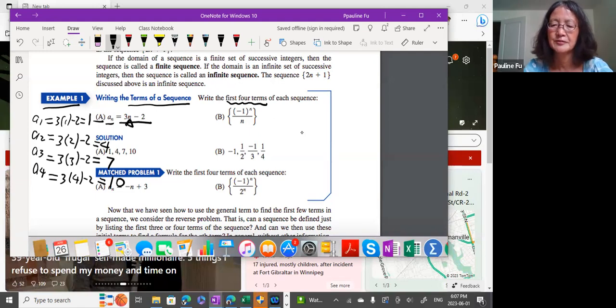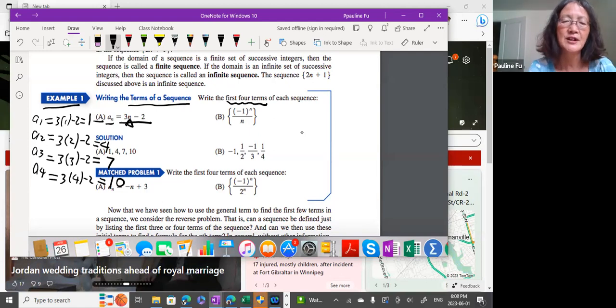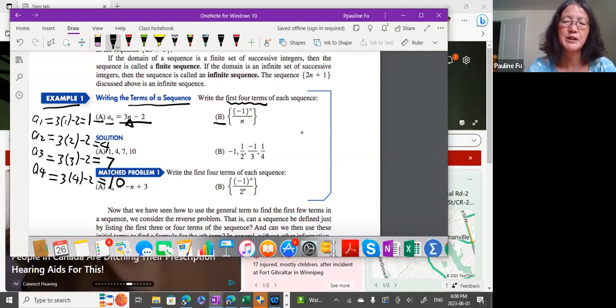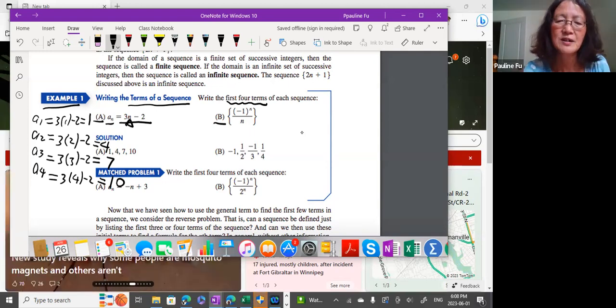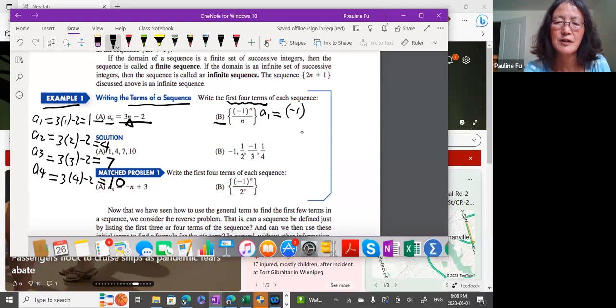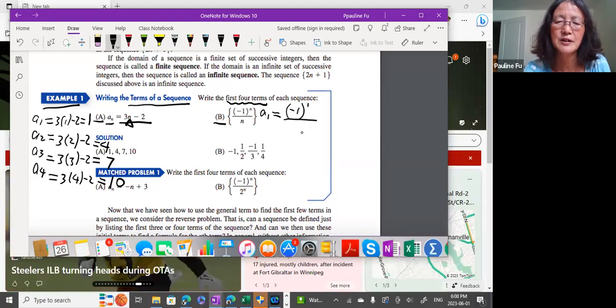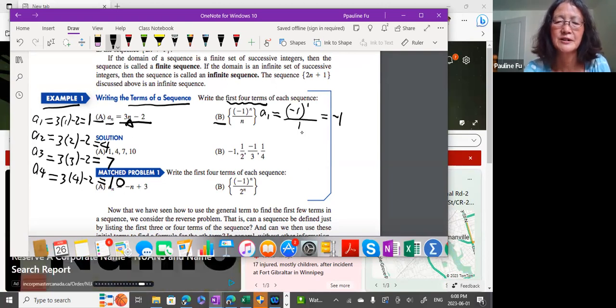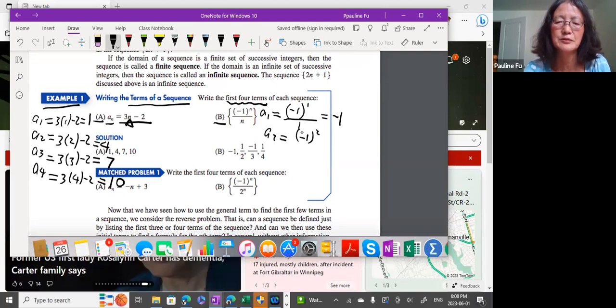Questions? Now let's go over B. For B, we also need to find A1, A2, A3, A4. A1 means when you see n, you replace it with 1. So negative 1 raised to power 1 over 1, which is negative 1. A2 equal to negative 1 raised to power 2 over 2, which is 1 over 2.